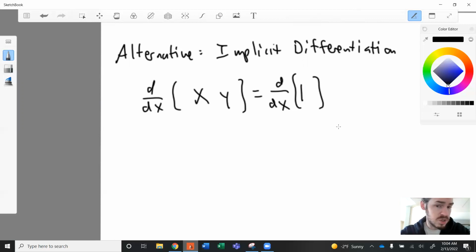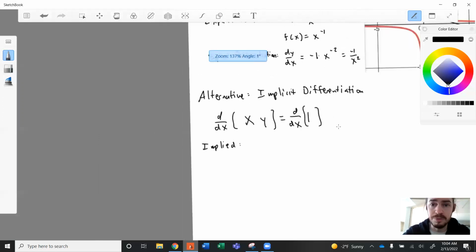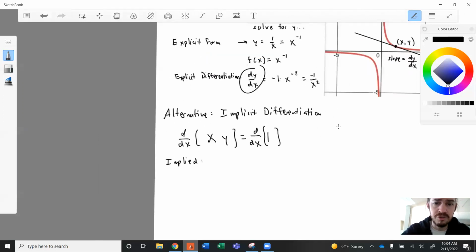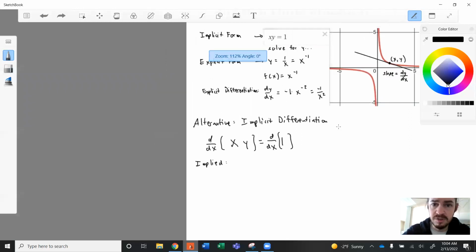So now we need to actually take the derivative, right? And that can be a little bit deep. One thing we need to keep in mind is that there's an implied relationship between the variables. When we're trying to take a derivative of y with respect to x, right? We're trying to get this dy over dx.